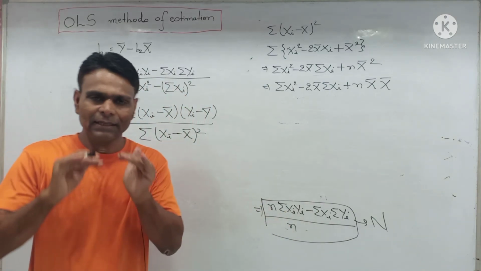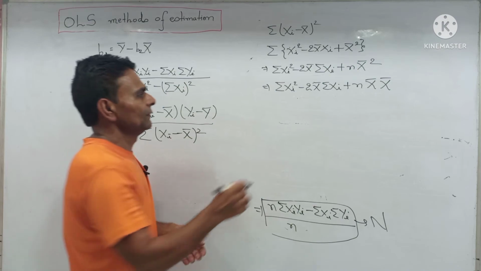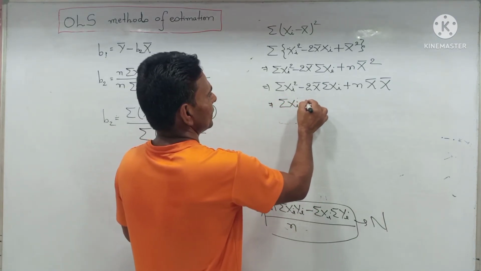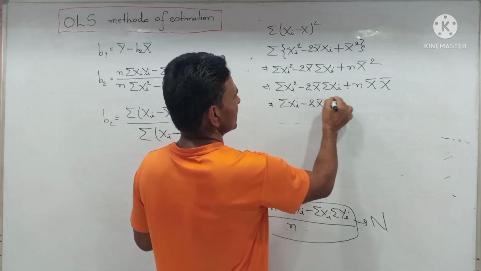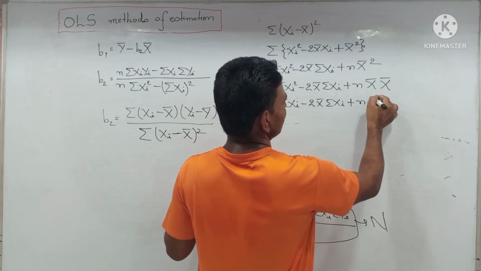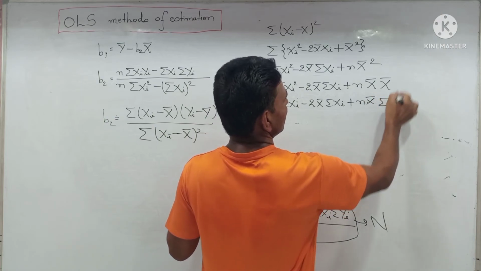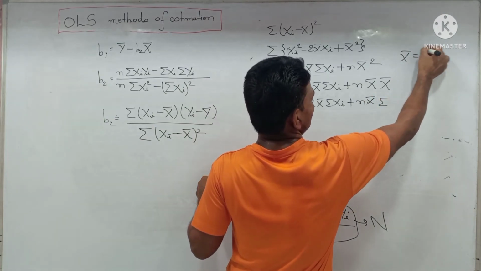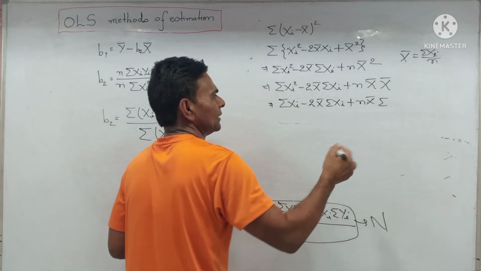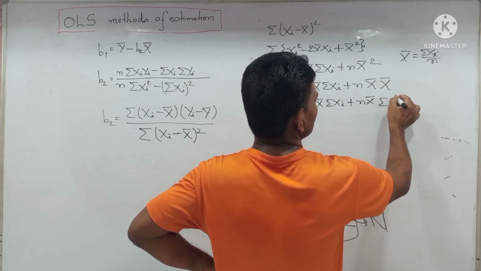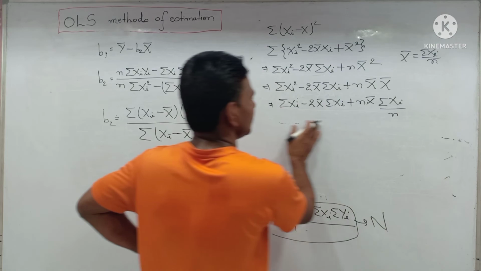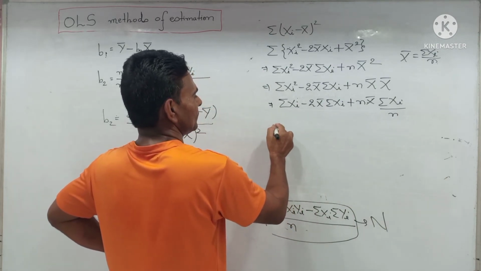It can be written x bar square, and we know that summation of xi square minus 2 mean summation of xi plus n times mean square, and mean of x equals summation of xi by n, sum of items divided by number of items. Okay, take the LCM.